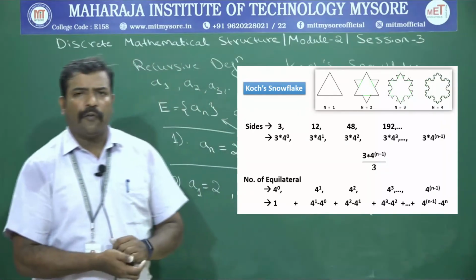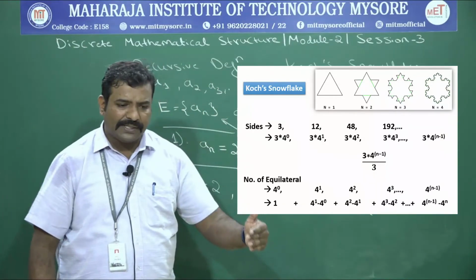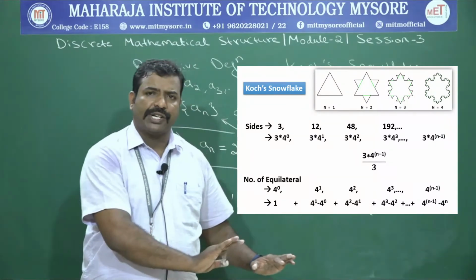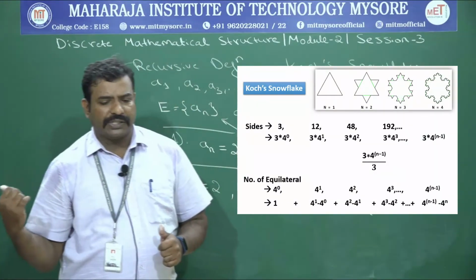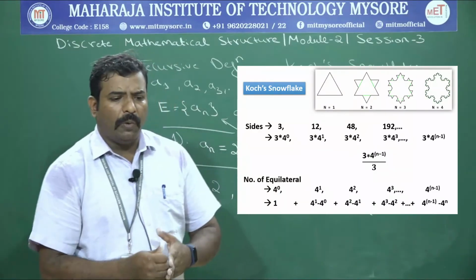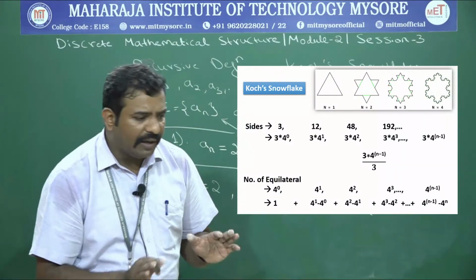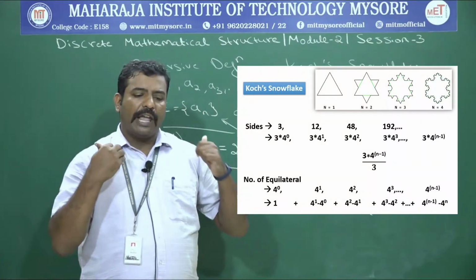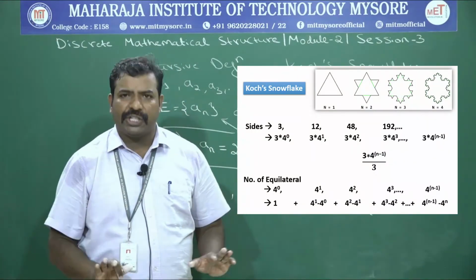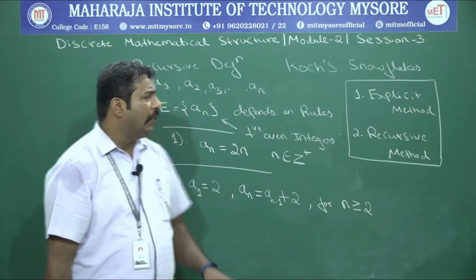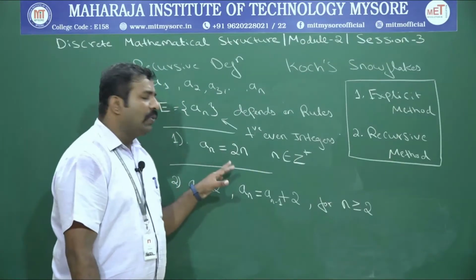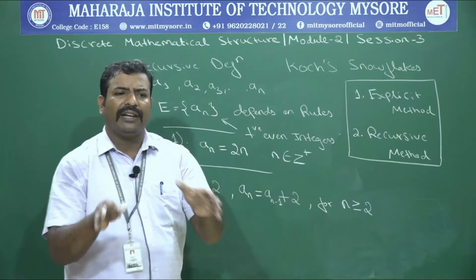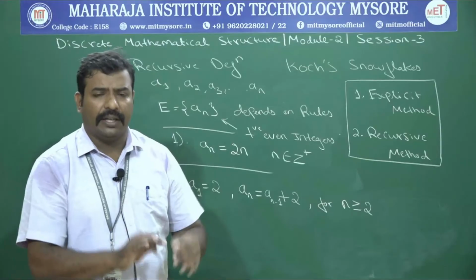So whenever you want to find the number of segments or number of equilateral triangles for a particular iteration, I need not depend upon the previous. But if I want to count the total number of equilateral triangles, I need to depend upon the previous value. Hence, if I want to explicitly mention a value, I'm just going to directly compute the value for a particular iteration, that is n.